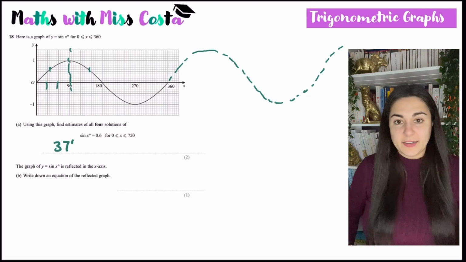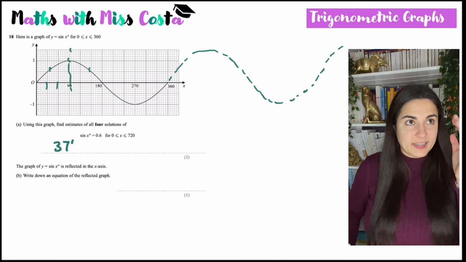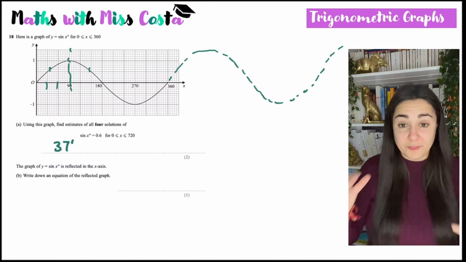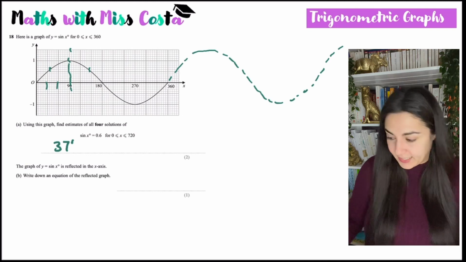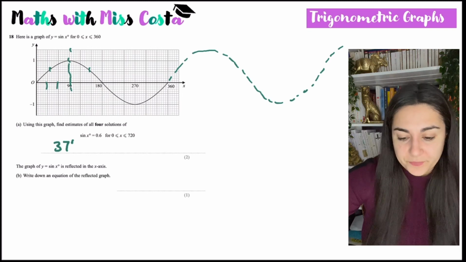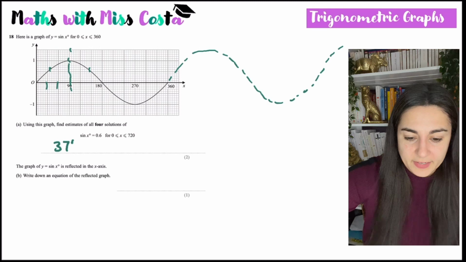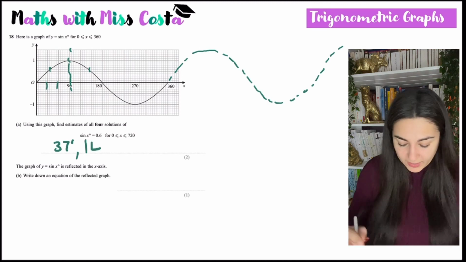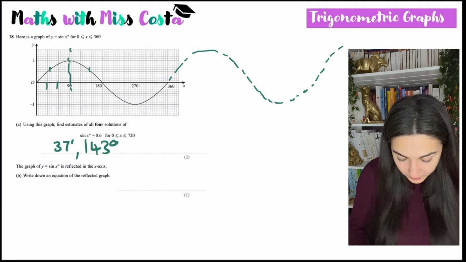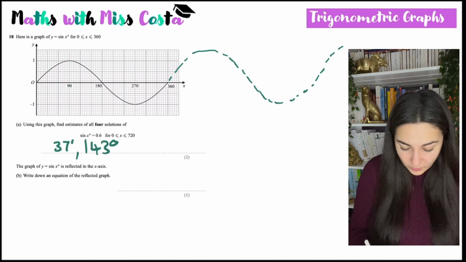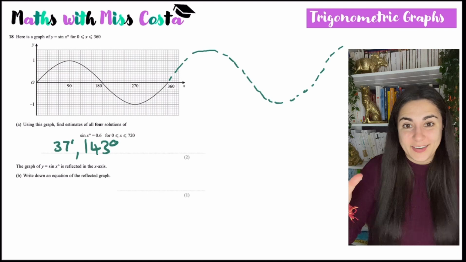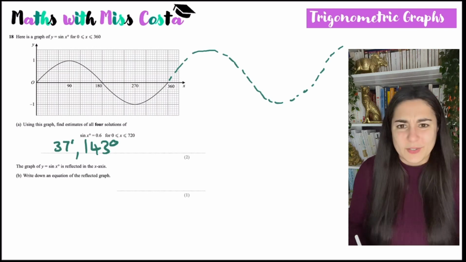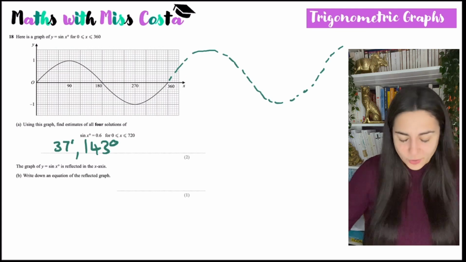So as long as it's whatever it is, it's subtracted from 180 on the other side, then it's fine. So if that's 37 degrees, then 180 take 37 gives me 143. Whatever your estimate here would have been, even if you're a little bit off, as long as the mirror reflection of it is 180 take away your value, then you'll be fine, or as long as it's not really far off.